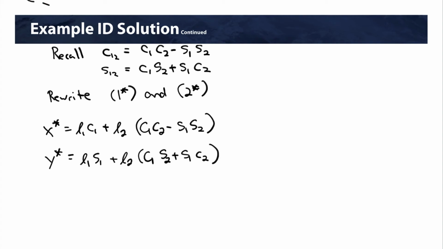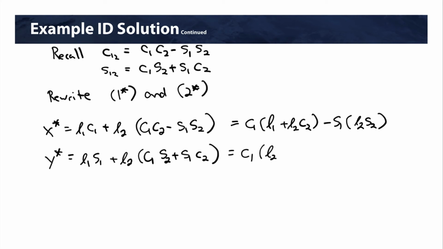We did this in order to split apart the theta 1 and theta 2 terms, because we now know theta 2, but we're still trying to solve for theta 1. So we can rewrite these as C1 times L1 plus L2 C2, minus S1 L2 S2, and we can rewrite the other one as C1 L2 S2 plus S1 times L1 plus L2 C2.